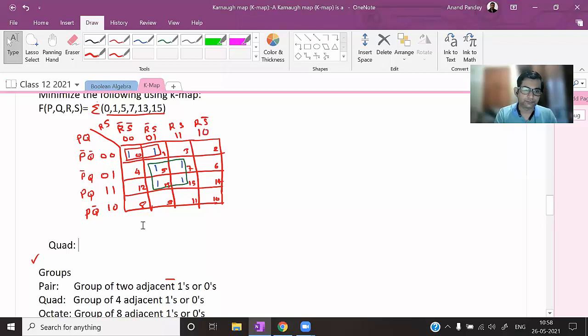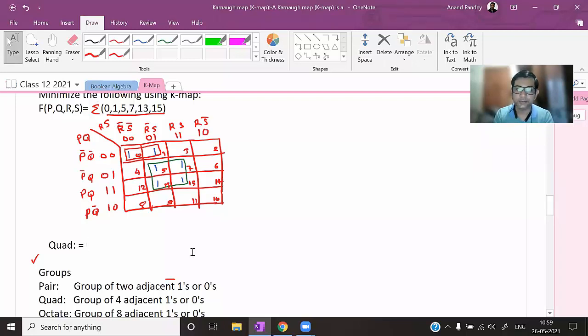Quad. So what is the quad here? Quad equal to 5, 7, 13, 15. Okay, these are the numbers, and you know this is SOP. In case of SOP we use min terms.